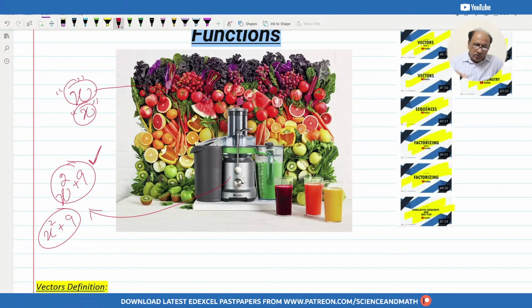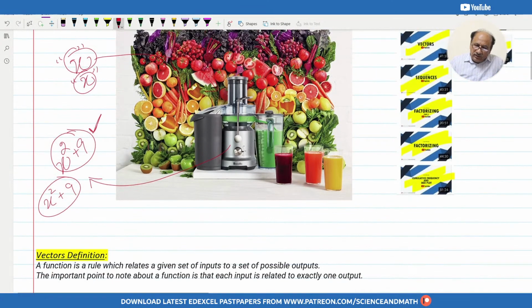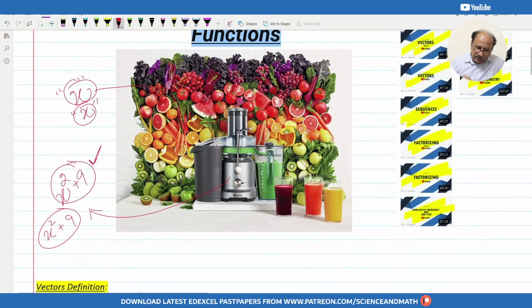So in mathematical language, how can we write that? For example, if this mathematical juicer machine's name is f, we will write f is a mathematical juicer machine which is functioning on x and gives us x square plus 9.